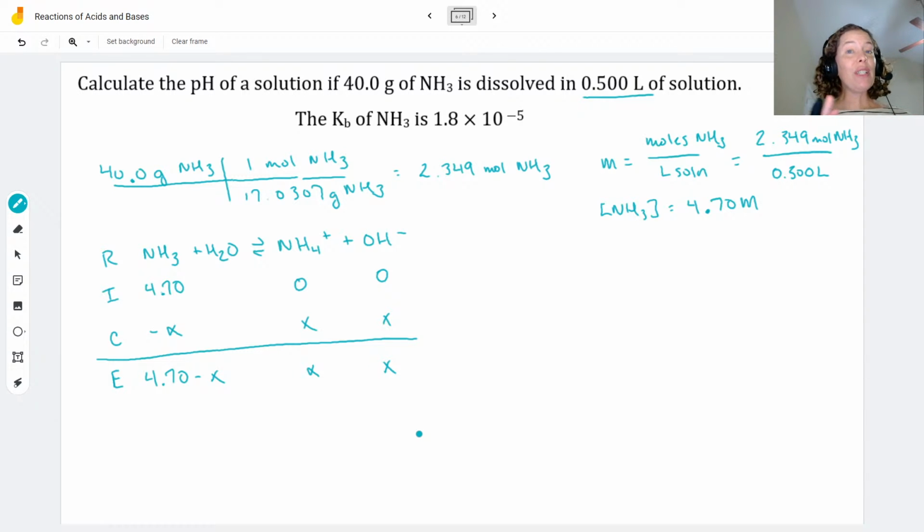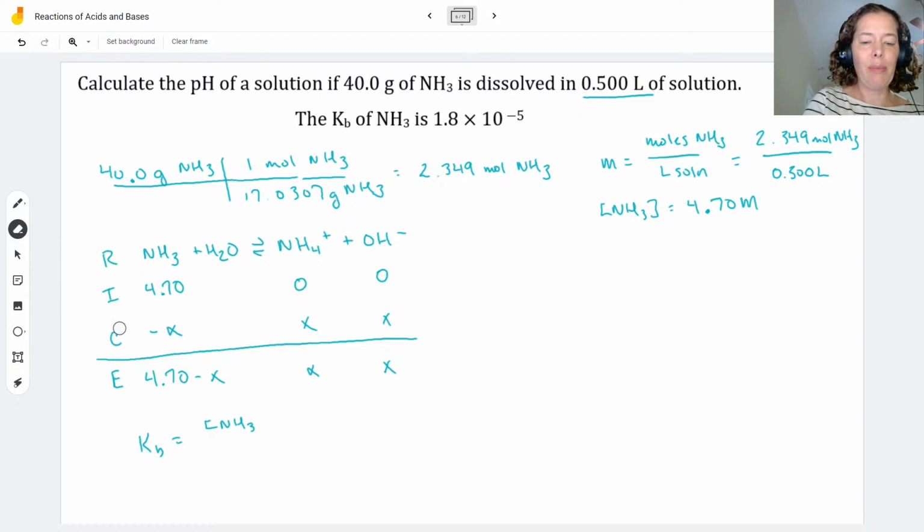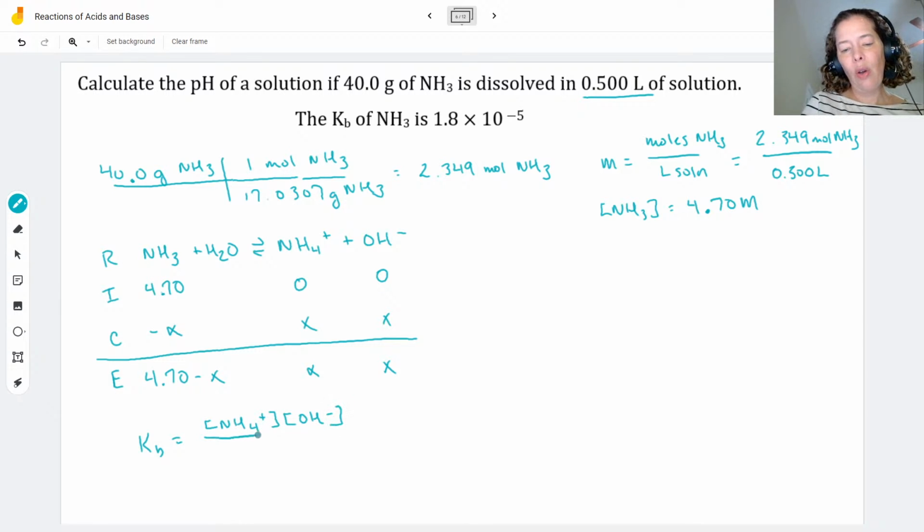All right, hopefully you're seeing a pattern that this is very similar to the problem that we just did. Now we want to use our equilibrium expression. And we already know this for ammonia because we wrote it down. So this, I meant to do ammonium, not ammonia. NH4 times hydroxide over ammonia, or NH3.